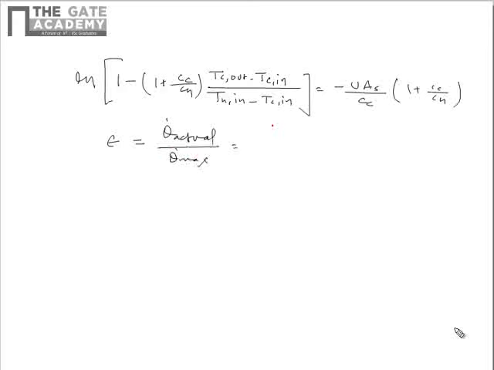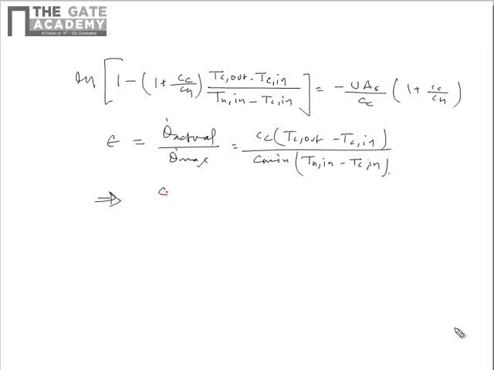This is nothing but (Tc out minus Tc in) upon C minimum (Th in minus Tc in), or we can write this as (Tc out minus Tc in) upon (Th in minus Tc in) is equal to epsilon times C minimum upon Cc.